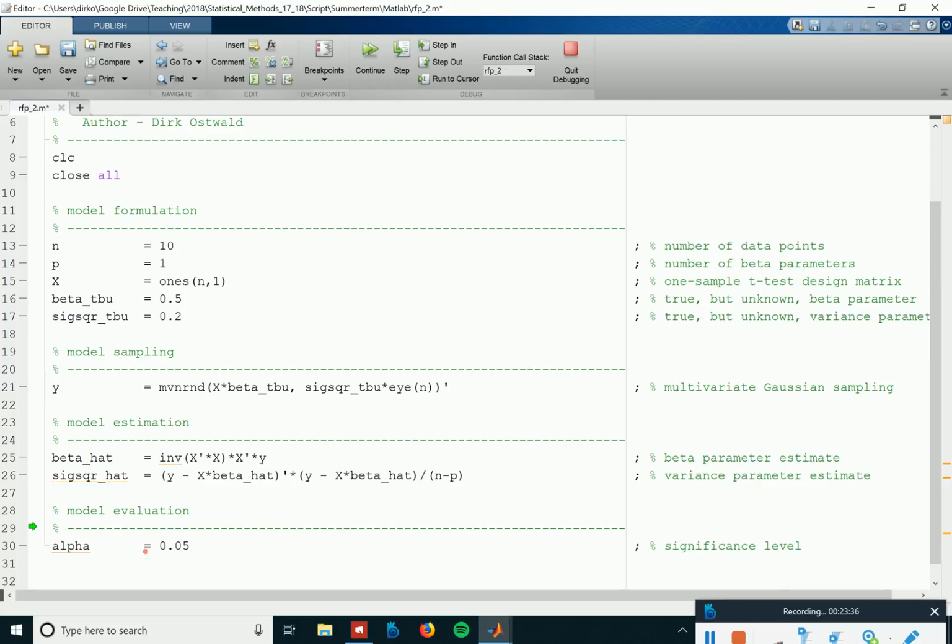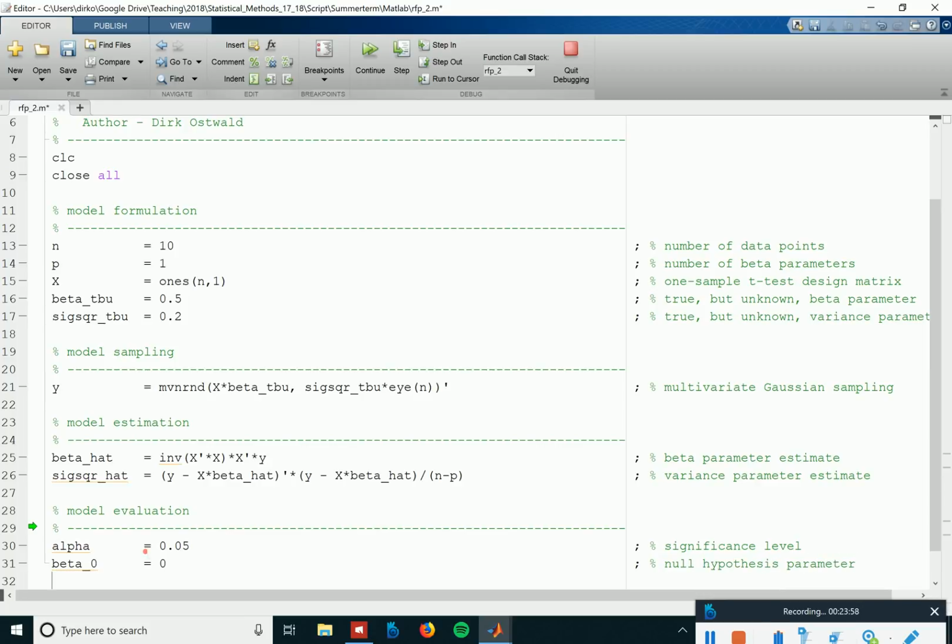Well, that's essentially it, and that's our t-value. One can do a little bit more in terms of specifying the beta value that one tests against, but this we said would be 0. So that would be our null hypothesis parameter.